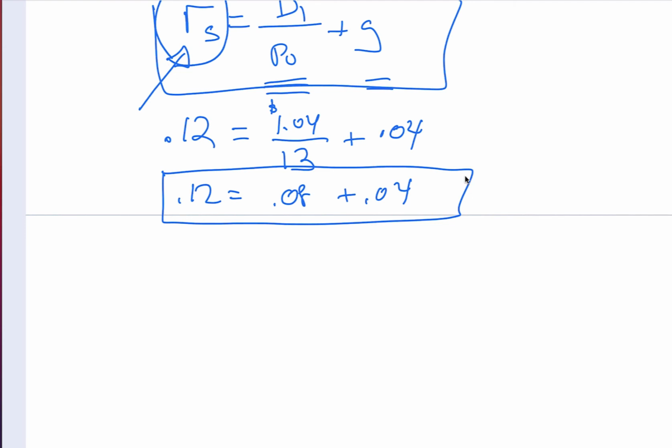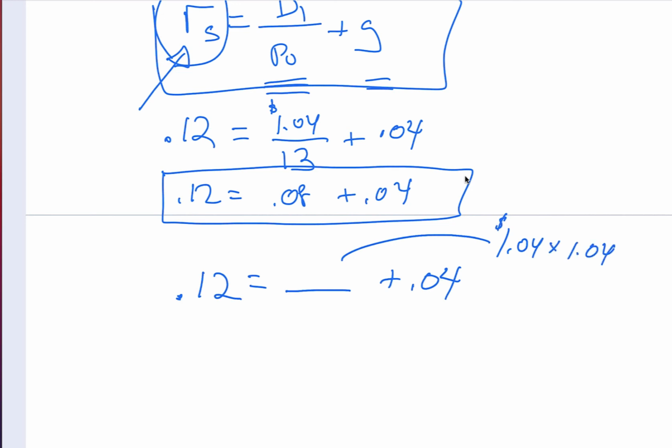Let's check it out. Let's go 1 year ahead. So if we go 1 year ahead, this is still going to be 12%. The required rate of return will always be 12% per year. The growth rate will always be 4% growth. Remember, we assumed it to be constant. The dividend here will be $1.04 times 1.04.